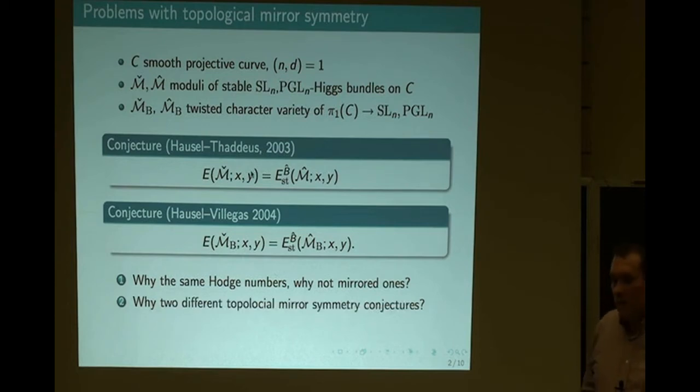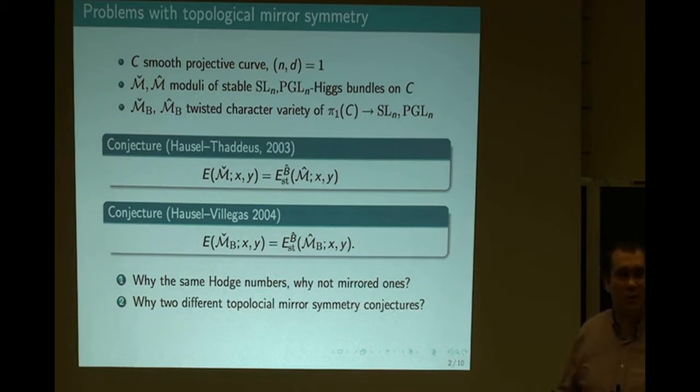The second question really concerns this very fact, which you can already notice in this slide that we have two conjectures. And then the two conjectures are really different. As I mentioned, the Hodge structure here is pure, and here it's far from being pure. The E polynomials, the Serre polynomials are really, really different. So why do we have these two sets of conjectures?